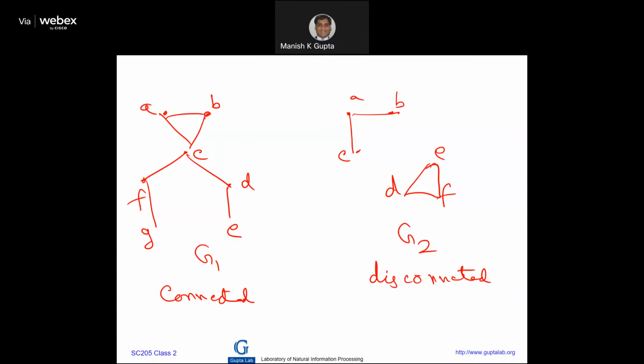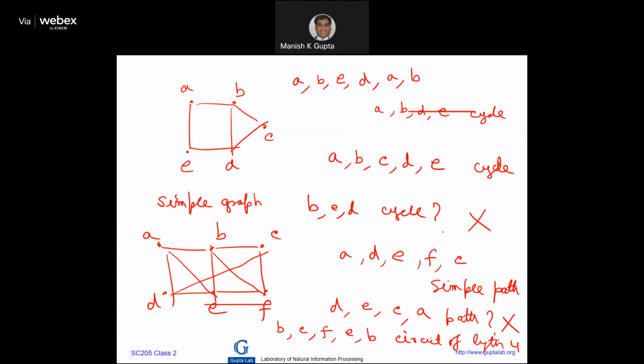Okay. So I think from this picture you got the idea of cycle or circuit, right? Cycle or circuit means you're walking and completing a circle, right? Starting from one vertex, walking along the edges, and completing one circuit, right? So now there is a special kind of circuit that we are going to talk about.